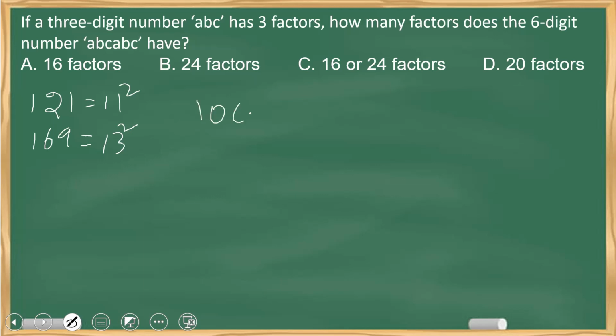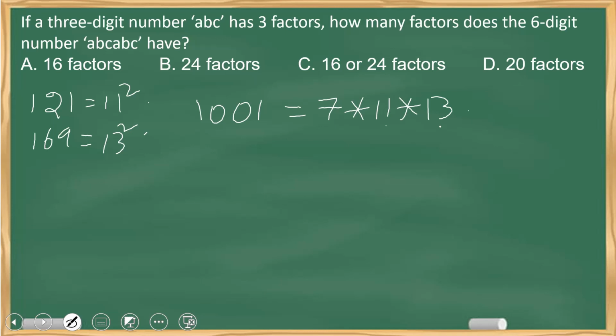Because 1001, which you are multiplying ABC with, when you factorize it, what will you get here? That's what I'm trying to tell you. You will get 7 into 11 into 13. Now I hope you understand why I took only 11 and 13 into consideration: here you have 11 and 13.